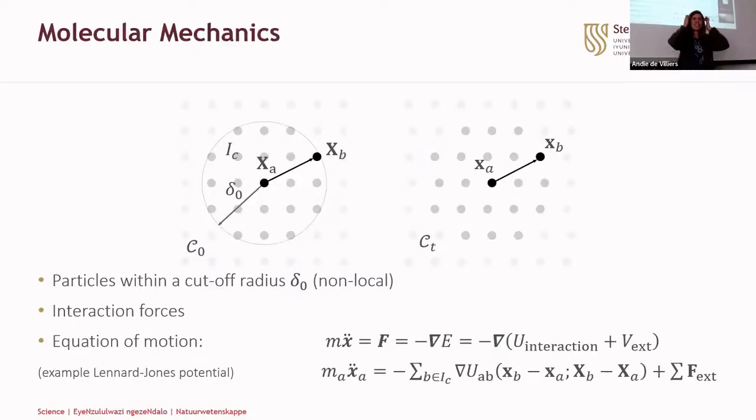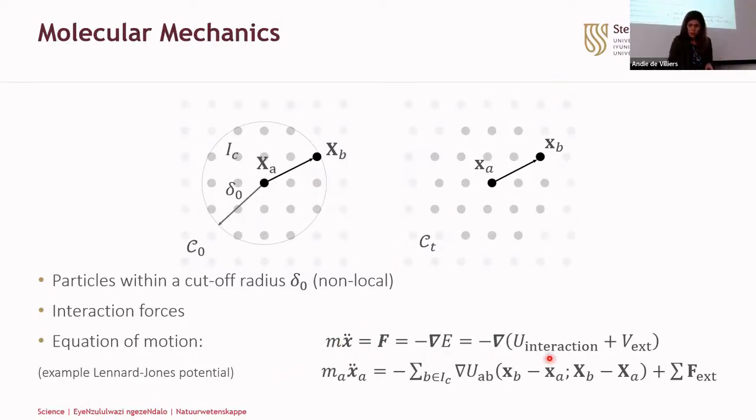What is peridynamics? I want to first look at molecular mechanics and continuum mechanics briefly, because peridynamics borrows concepts from both of these modeling techniques. In molecular mechanics, the motion of particles is considered from a reference configuration to a current configuration.